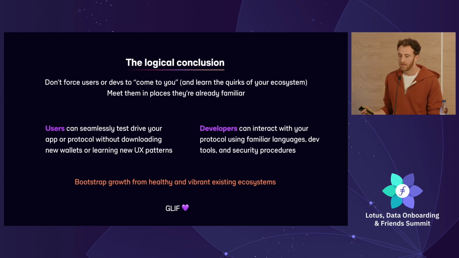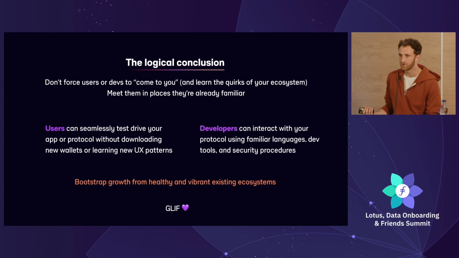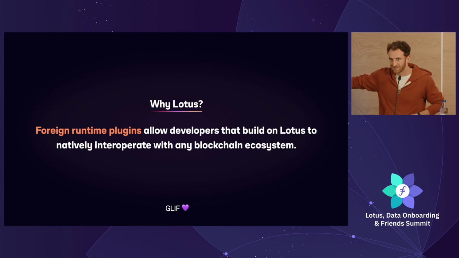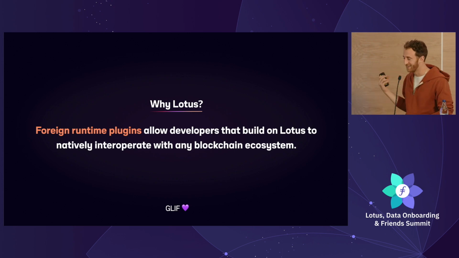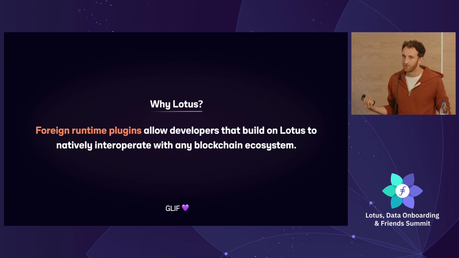And that allows us to bootstrap growth from existing healthy and vibrant ecosystems, which I think can help get a critical mass that will be necessary to bring your product into the mainstream, which is that third stage, right? So what's next? The synopsis, just to check back into the conclusion of the slideshow, is that foreign runtime plugins allow us to do this.